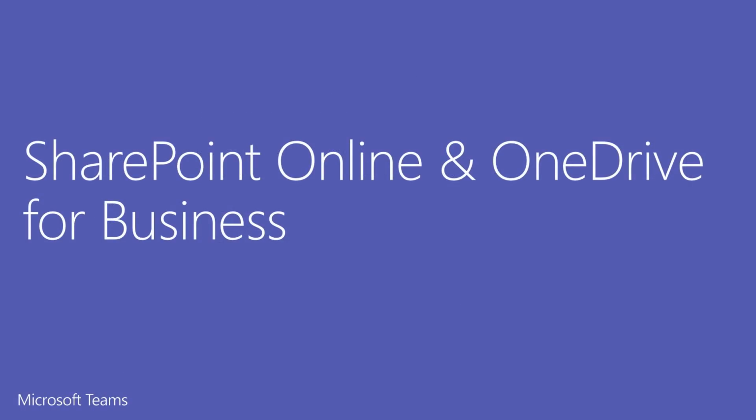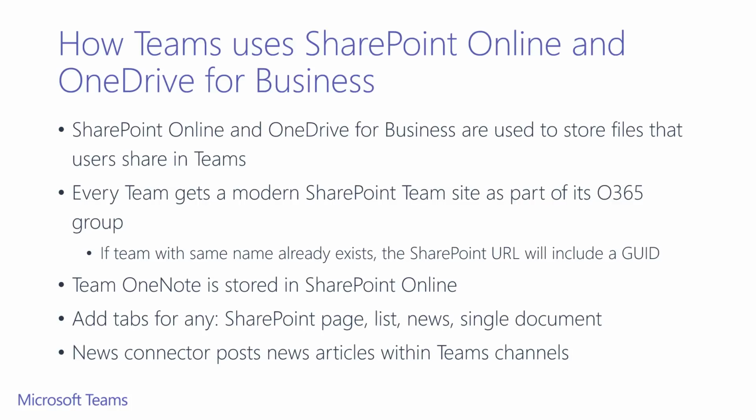Let's take a look at the foundational components of SharePoint Online and OneDrive for Business with respect to Microsoft Teams. Teams will use SharePoint Online and OneDrive for Business to store files that a user will share within the Teams experience. Now, as noted in our section on Office 365 Groups, when I establish and create a team, we create an underlying Office 365 group, which also provisions a modern SharePoint team site as part of that group provisioning process.